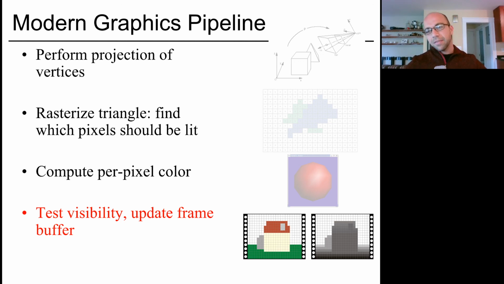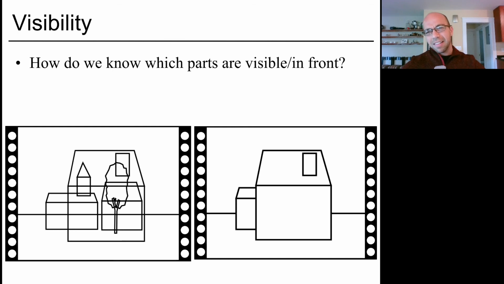And so I thought for just a few seconds, we'll add a bit more detail on the Z buffer, because it really is a critical idea in the computer graphics universe. I don't think it's too difficult to justify why visibility is really critical in graphics. But the basic challenge here is to make sure that we can determine which parts are visible and in front at a per pixel basis, right?